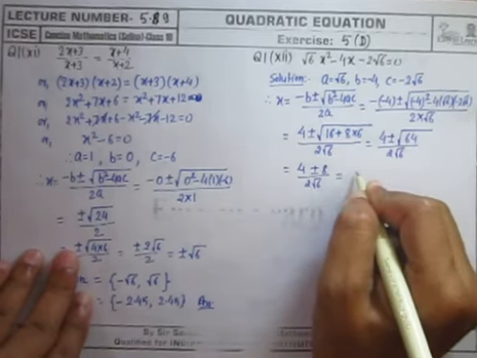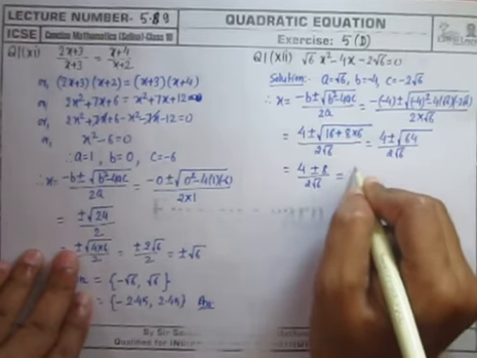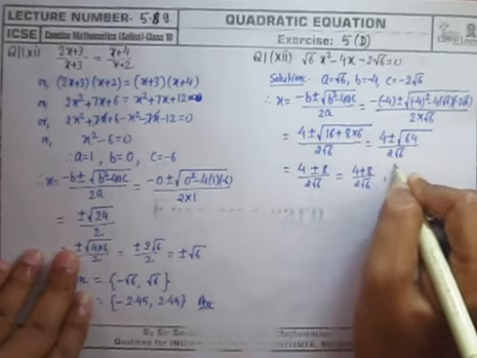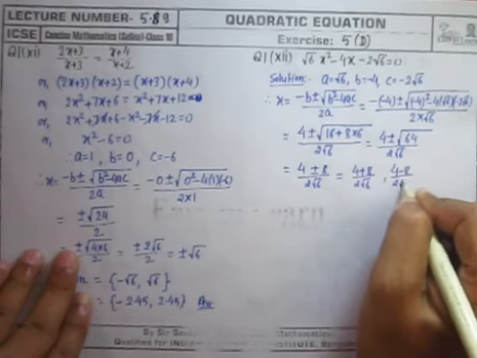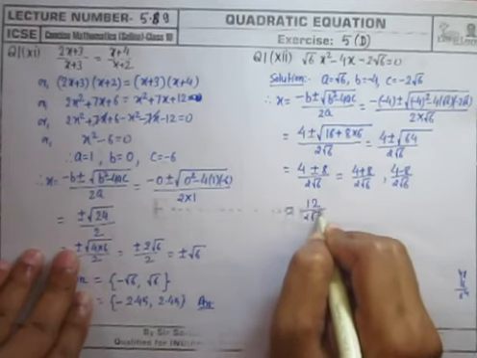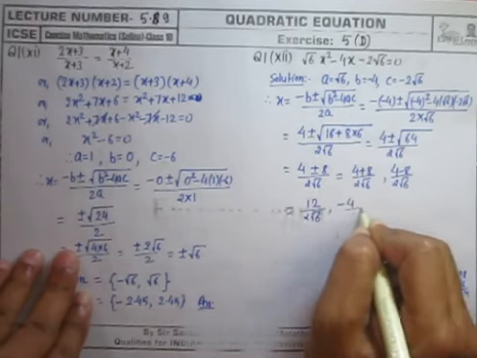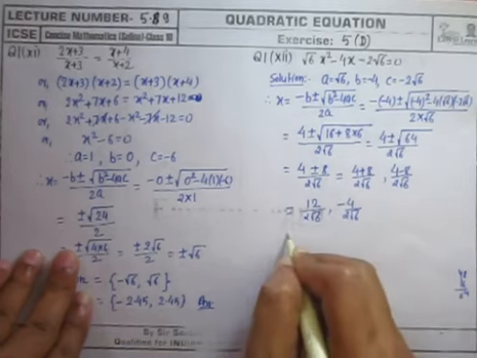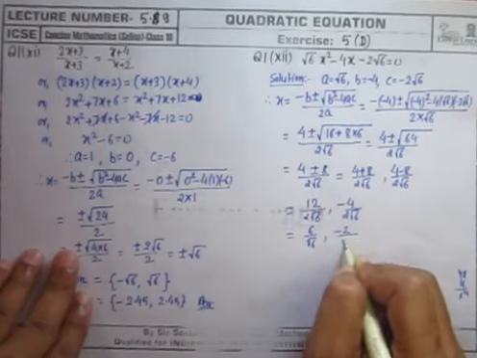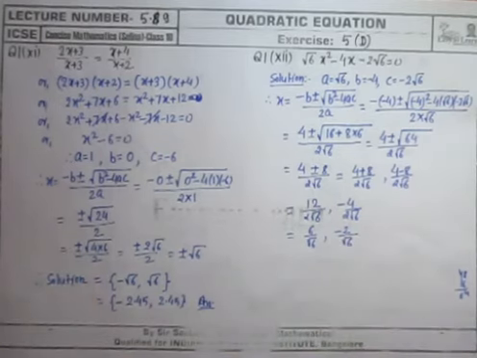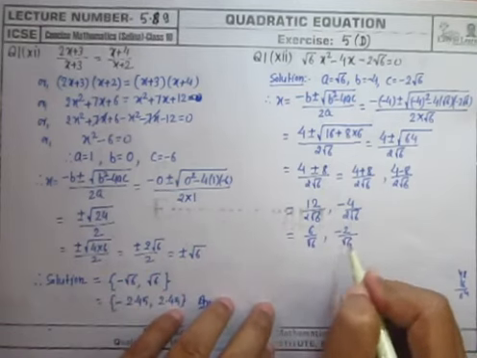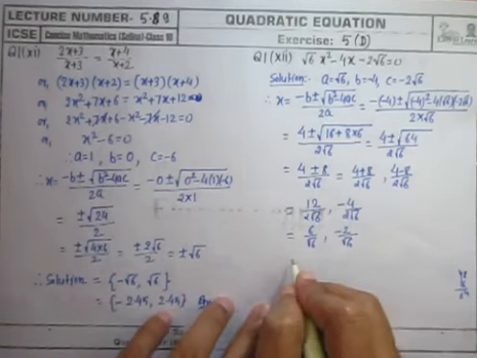So one root will be (4 + 8)/2√6 and the other will be (4 - 8)/2√6. So this is 12/2√6 and -4/2√6. From here we get 6/√6 and -2/√6. Now generally in the answer, the denominator should be free from radical sign.